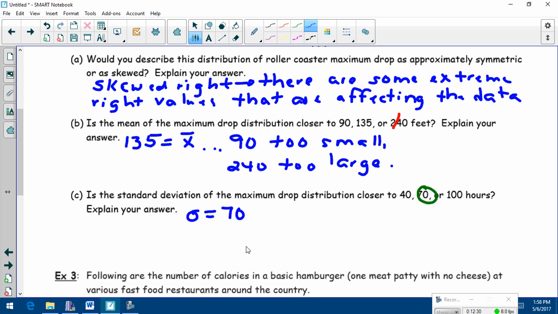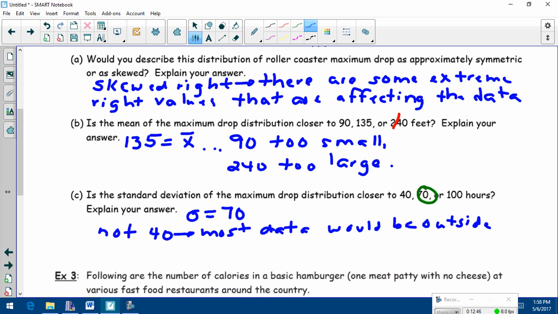And I'll explain these a little bit more than I did with the mean. It's not 40, just because most of the data would be outside of one standard deviation of the mean. And really, most data should be within one standard deviation of the mean, because the mean is the average and standard deviation is talking about the spread.